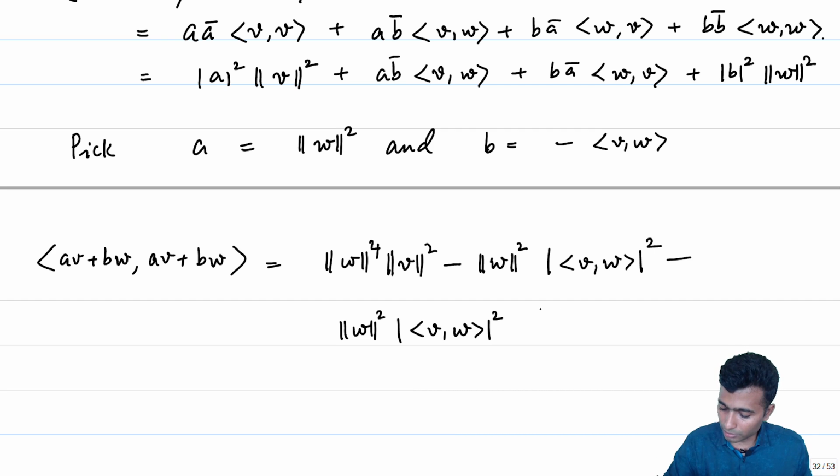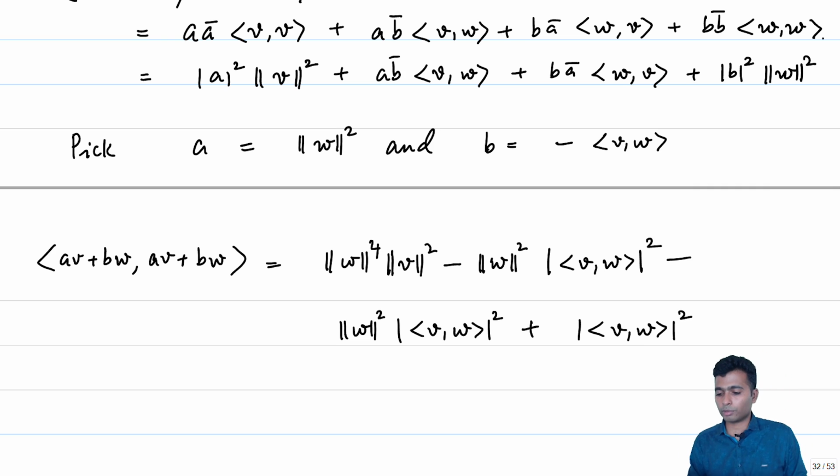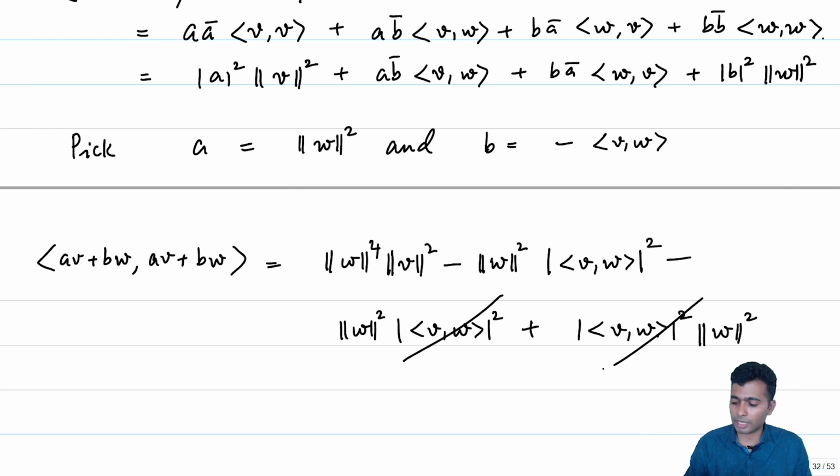And how about the last term? The last term will be the absolute value of B square. Absolute value of B square is just the absolute value of the inner product of V and W square, and this times length of W square. And if you notice carefully, the last two terms cancel out.